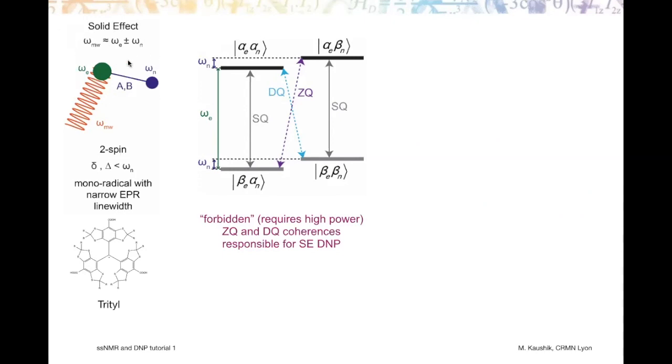This matching condition with microwave is important. It has to be fulfilled for solid effect to be active. In terms of energy levels, it is based on forbidden transitions, so double quantum and zero quantum. And because it is nominally forbidden, it requires high microwave power to be effective.